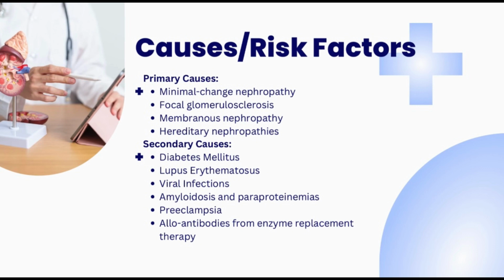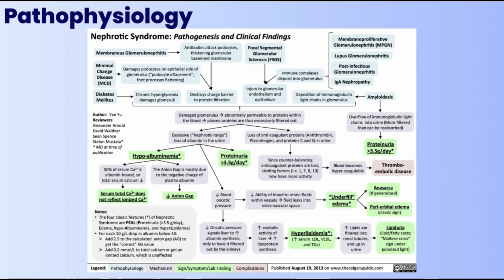It can be caused by diabetes mellitus, lupus erythematosus, viral infections, amyloidosis and paraproteinemias, preeclampsia, and alloantibodies from enzyme replacement therapies. Let us now move to the pathophysiology of nephrotic syndrome.